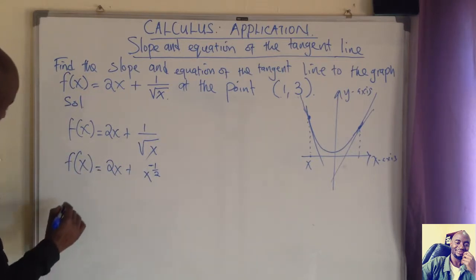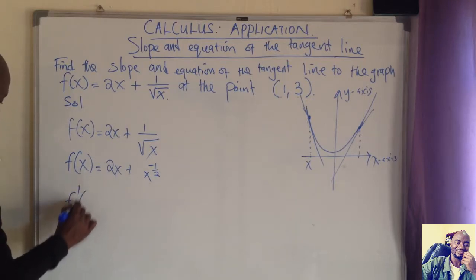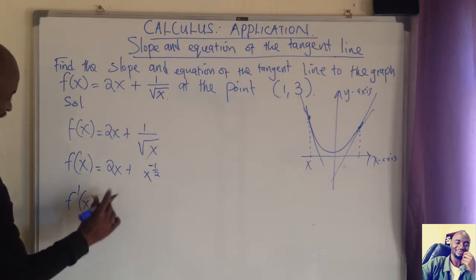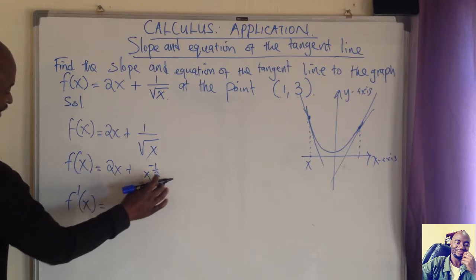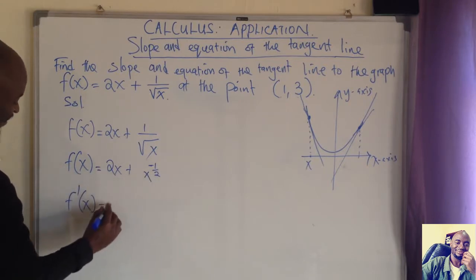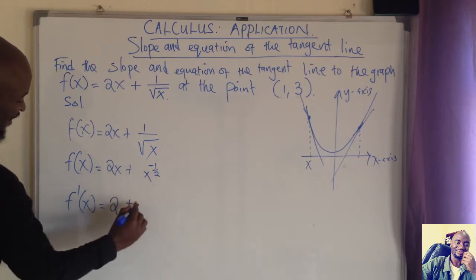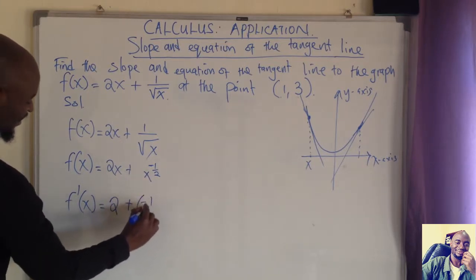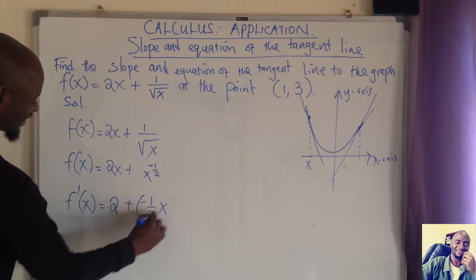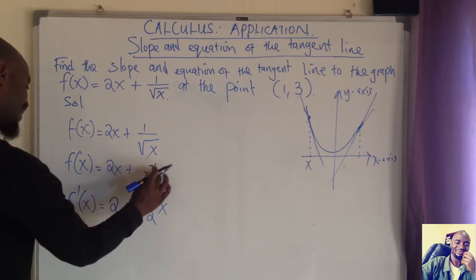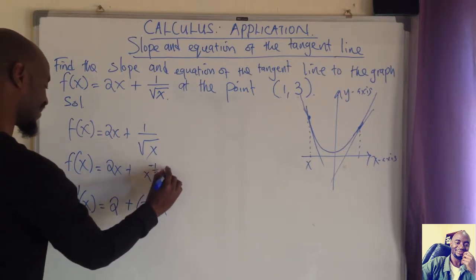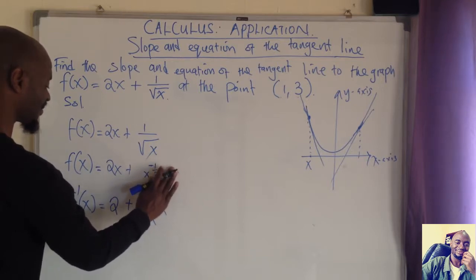So the derivative, which is f prime of x, is equal to, I differentiate this one, and again I differentiate that one. The derivative of this one will be 2, plus the derivative of this one, which will be minus 1 over 2, then x to the power of this one minus 1. The power will reduce by 1.